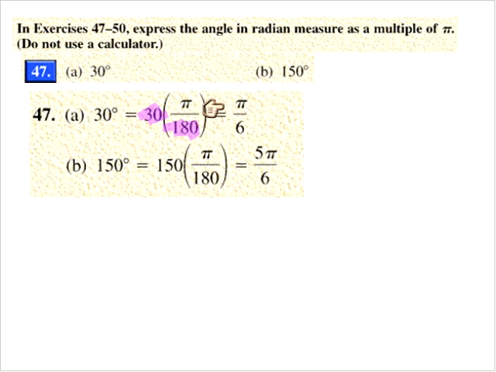So we get pi over 6. In part B, we multiply by pi over 180 and we reduce 150 over 180 to get 5/6. So 5 pi over 6 would be the radian measure for part B.